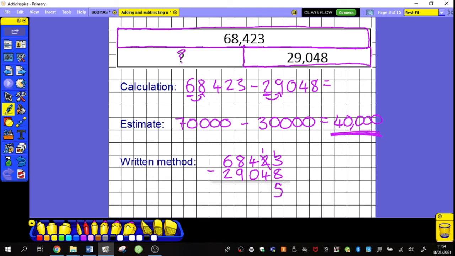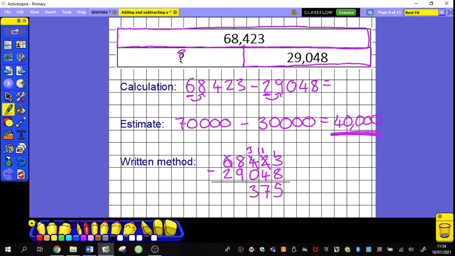Now over here, I have 1 take away 4. Again, it doesn't work, that would be negative 3, and that doesn't work within a written method. So I'm going to exchange again. I'm going to take 1 from the hundreds column this time. So 11 take away 4, I know, is 7. 3 subtract 0 is nice and easy, that's 3. 8 subtract 9 doesn't work in this case, it would be minus 1.